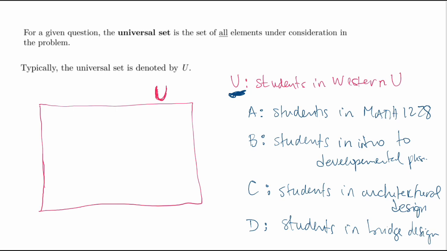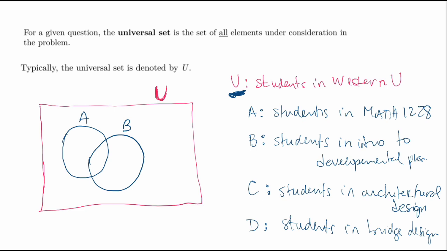Now, this universal set means that anything that is under consideration is inside of it. So I will depict set A here as a little circle, meaning that this is the group of students in Math 1228. Okay, and I will depict set B, students in developmental psychology, also with a little circle.